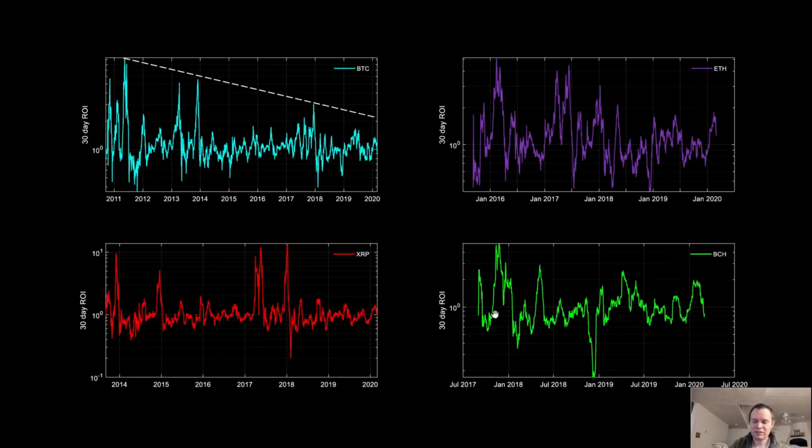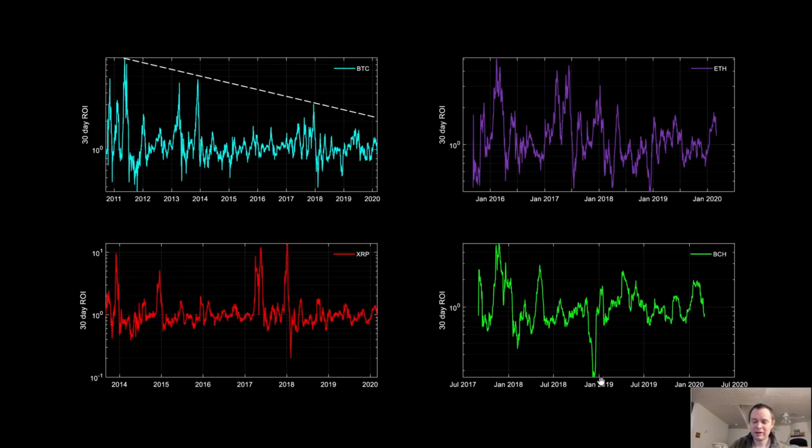Now, Bitcoin Cash is a bit different. A lot of times it'll follow what Bitcoin's doing, but to a larger extent. So when Bitcoin's moving up, the volatility with Bitcoin Cash is a lot higher. The downside is that when Bitcoin drops, Bitcoin Cash tends to drop a lot more.